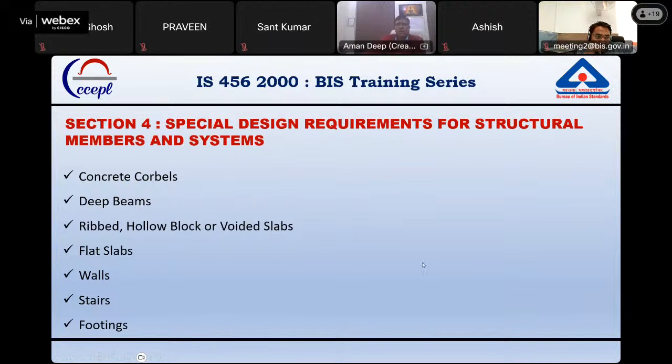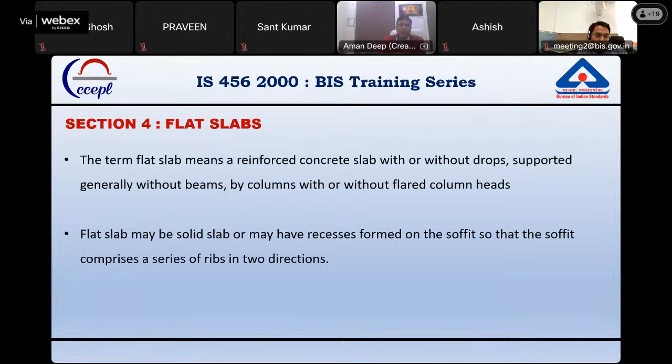Special design requirements for structural members and systems: for corbels, deep beams, ribbed hollow blocks, voided slabs, flat slabs, walls, stairs, footings. For all these special elements, the requirements of structural design have been specified in IS 456.